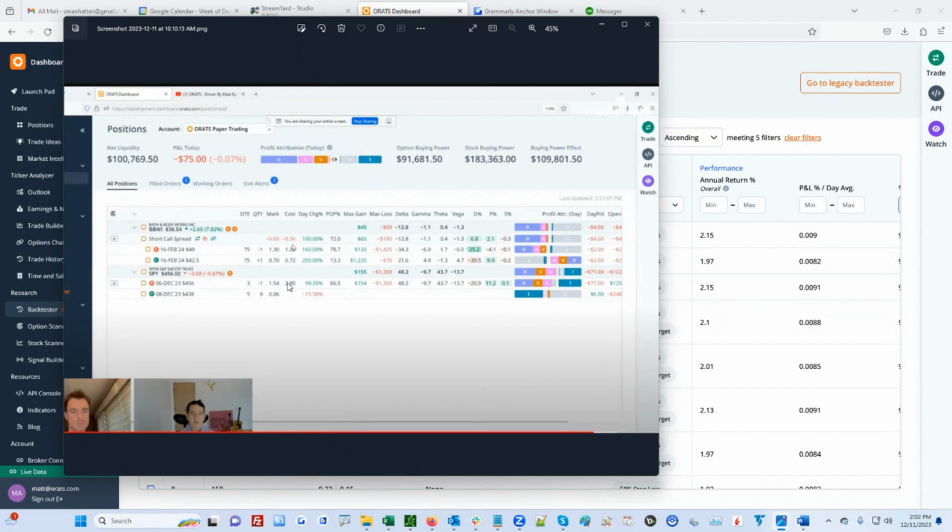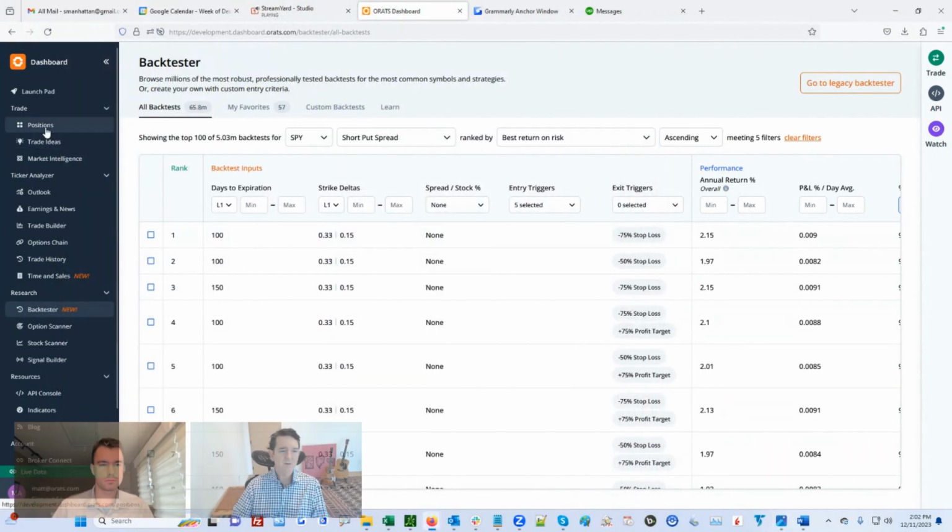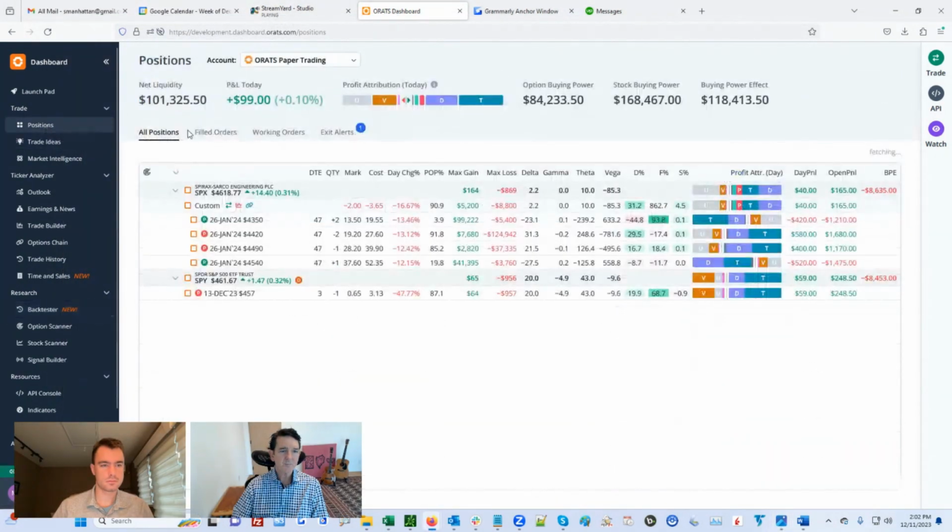So we made the 280 on that. And then if I go to my positions, paper trading, we have the 13th on right now, and it already has a good profit at $250. So the other one was 280, and this was over $500 on the trades, and then we had some before that had done pretty well.